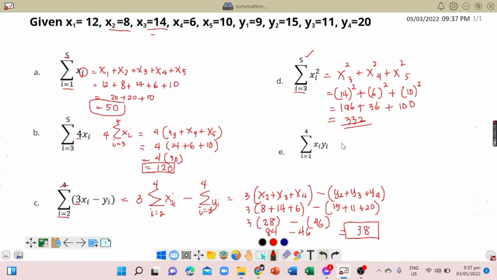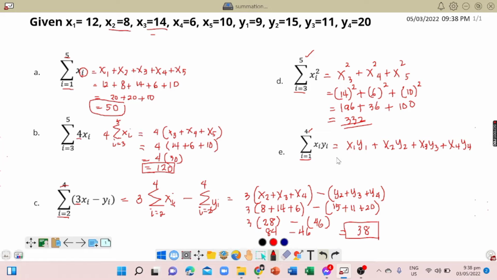Okay. So, for the last example, letter E. Starting value is 1. Ending value is 4. So, we substitute. So x sub 1, y sub 1. There is no need to separate like what we did in letter C. Okay, so plus x sub 2, y sub 2 plus x sub 3, y sub 3 plus x sub 4, y sub 4.